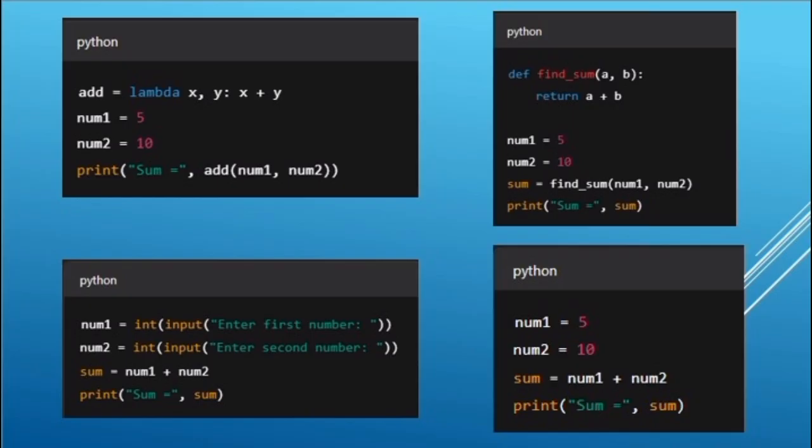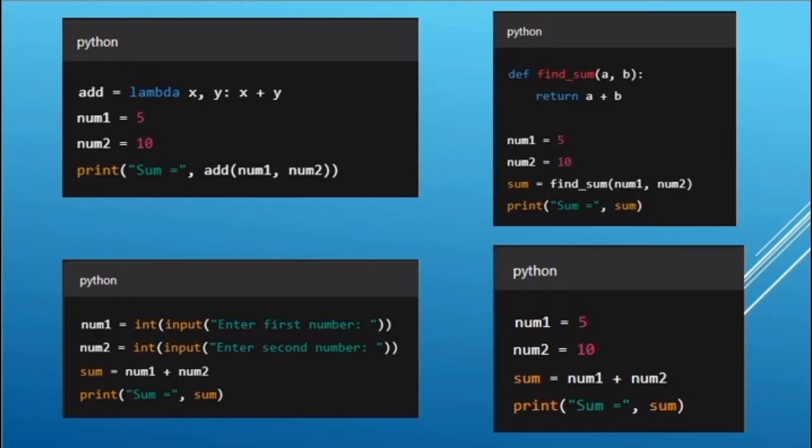Here we have taken the variable called add equals, we have used the lambda function, we have declared the variables x, y, and then we have given the process x plus y. In a simple way, the lambda function is used to write it in one line. I think you got it.